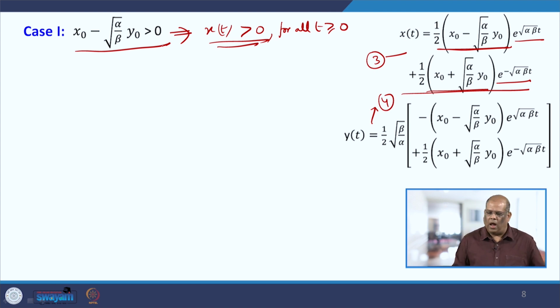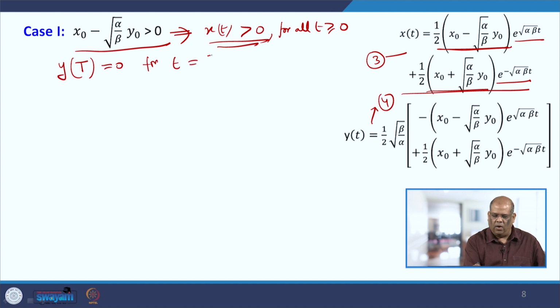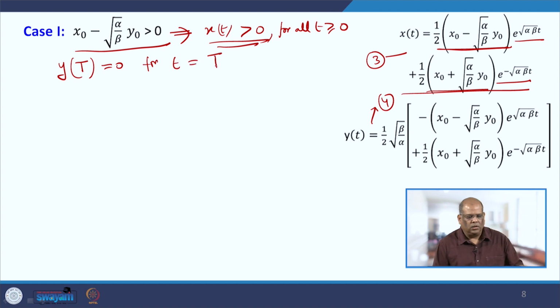Now either your y(t) will be positive or y(t) will go to 0. So suppose I assume, say, y(t) is equal to 0 for some time t equal to capital T. So let us see what is that capital T here.